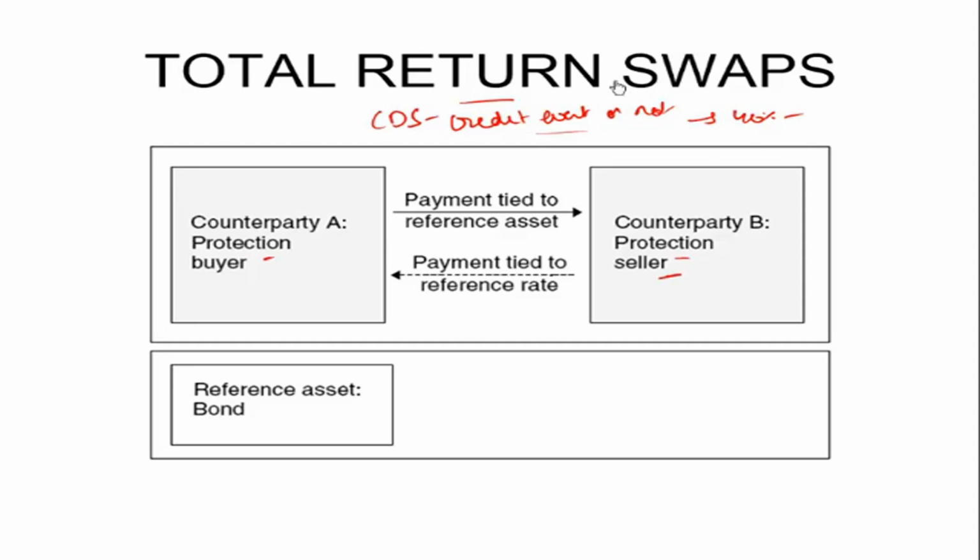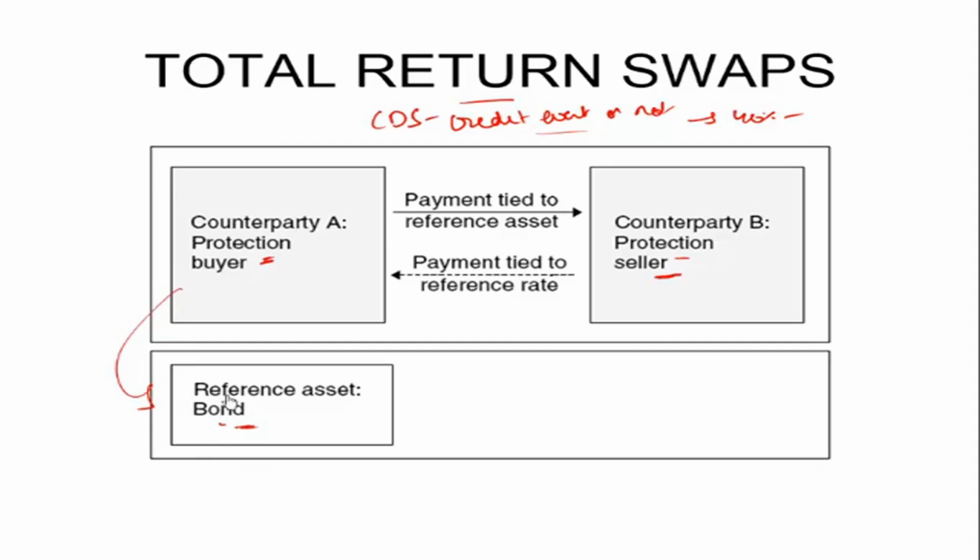So in a total return swap, what the protection buyer does is swap the entire returns on the reference asset for a fixed payment to be received from the protection seller. So let's say the protection buyer has a position on a reference bond. Let's say it's a credit risky bond.